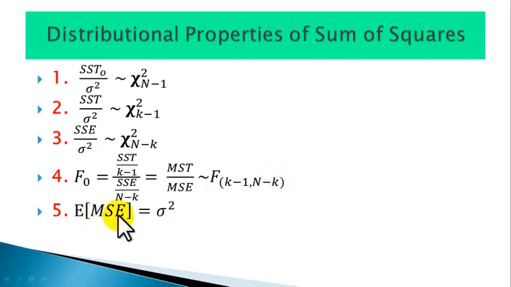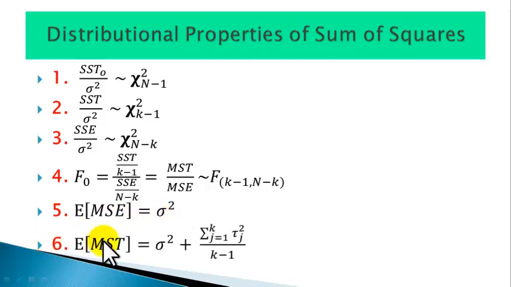The expected mean square for error is sigma squared. 6. The expected mean square for treatment is equal to sigma squared plus the sum of tau j squared as j goes from 1 to k, divided by k minus 1.